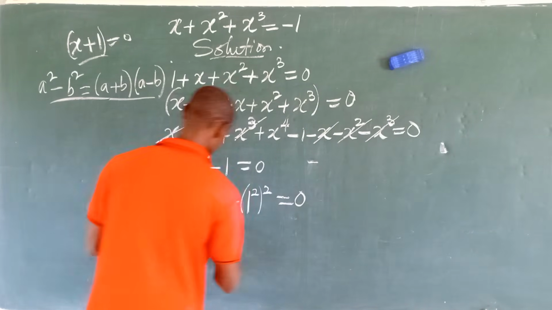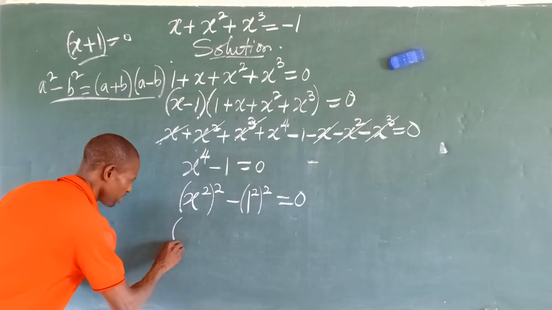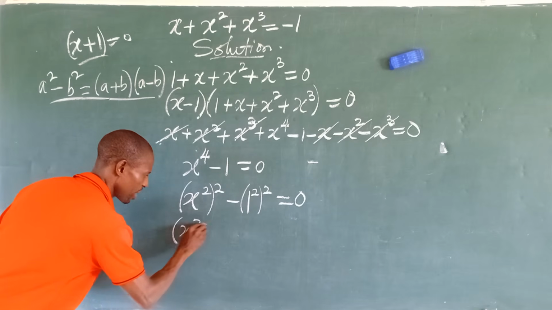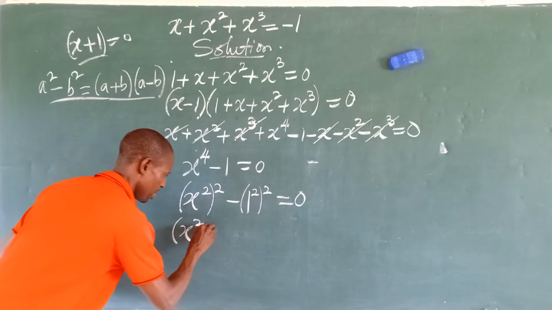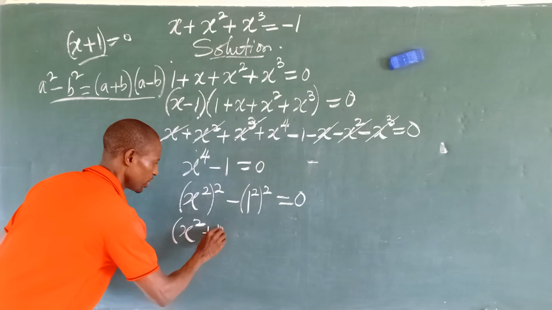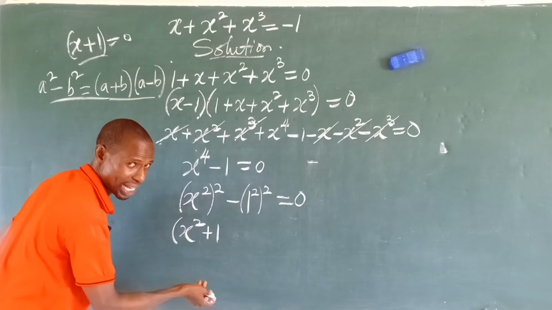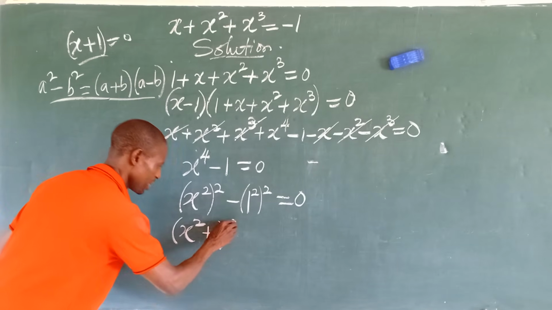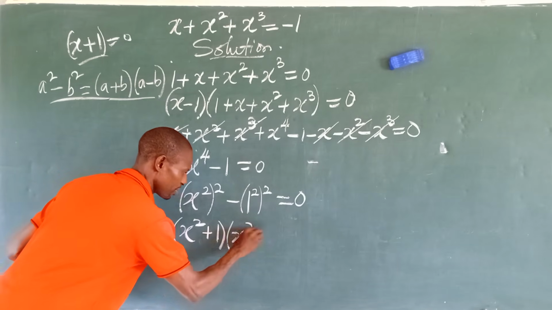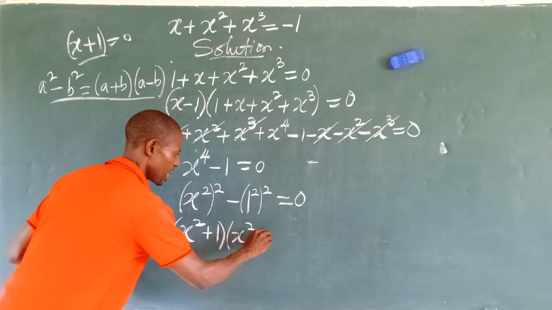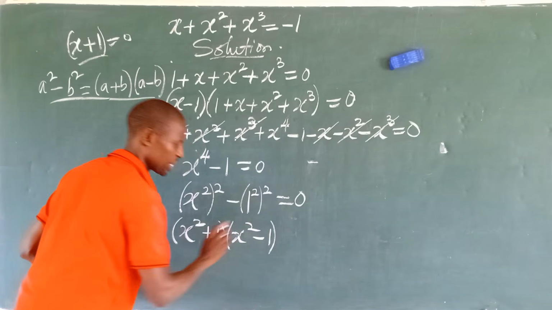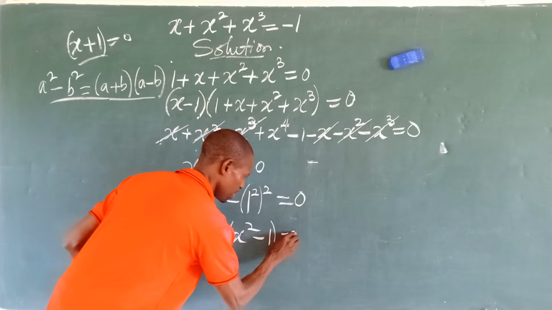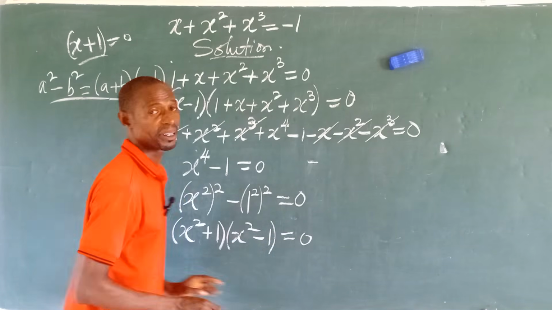This side of the equation is going to give us (x to the power of 2 plus 1 to the power of 2, which is same thing as 1)(x to the power of 2 minus 1 to the power of 2, which is same thing as 1) equal to 0.